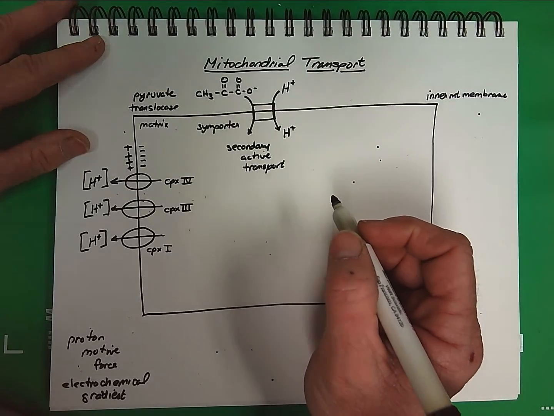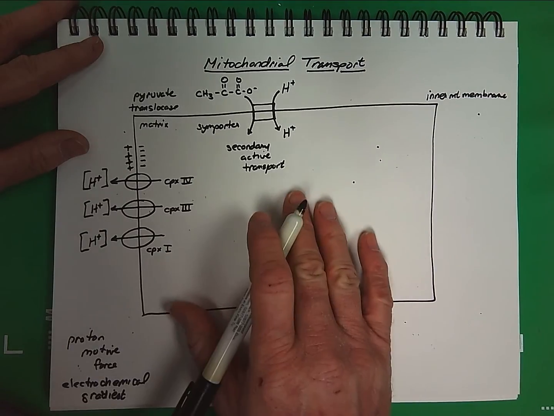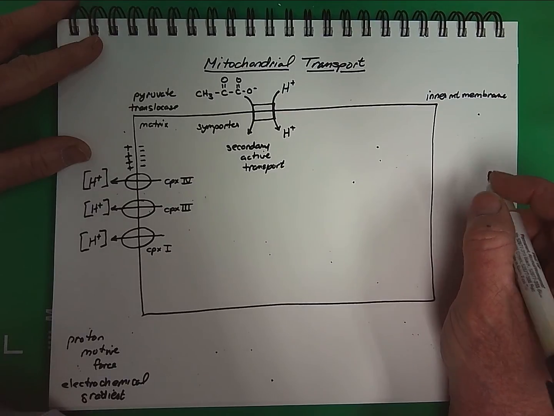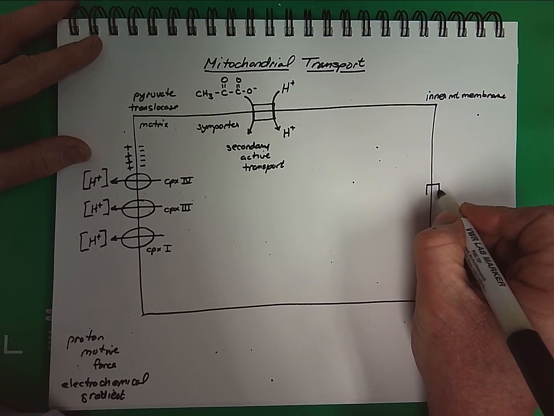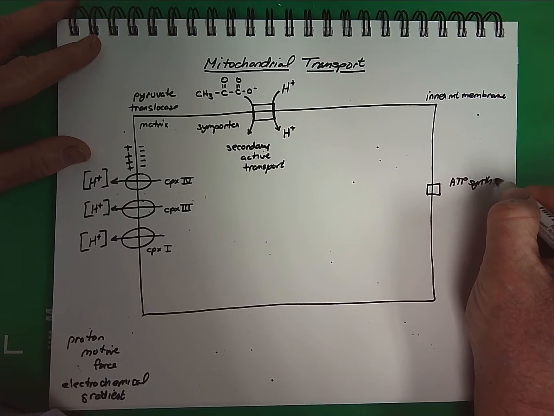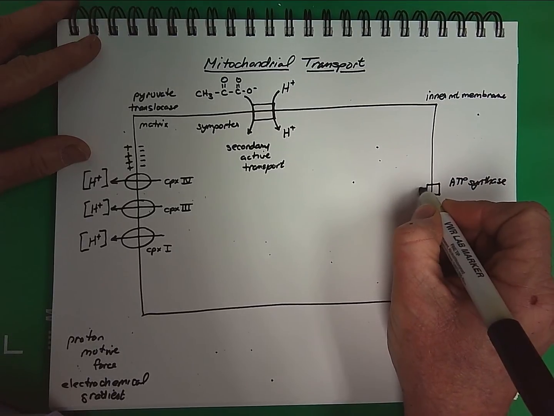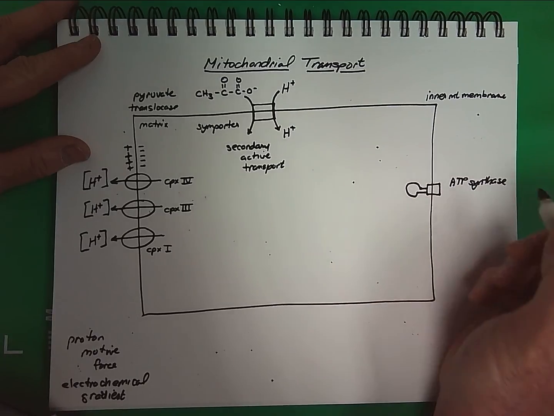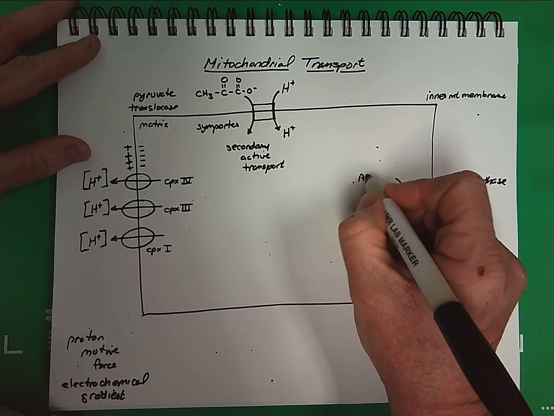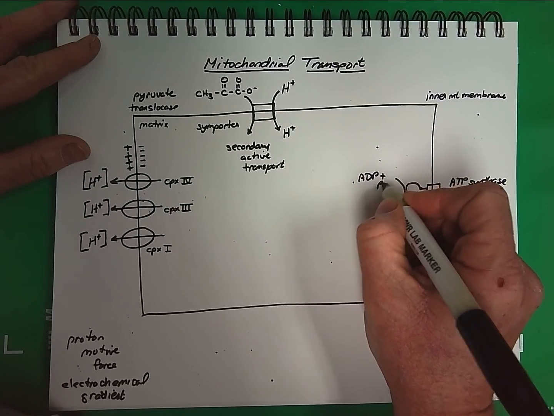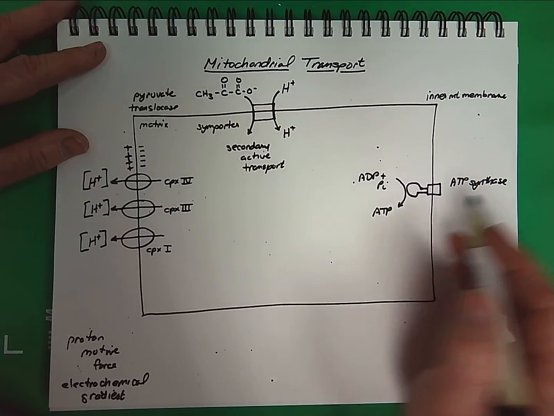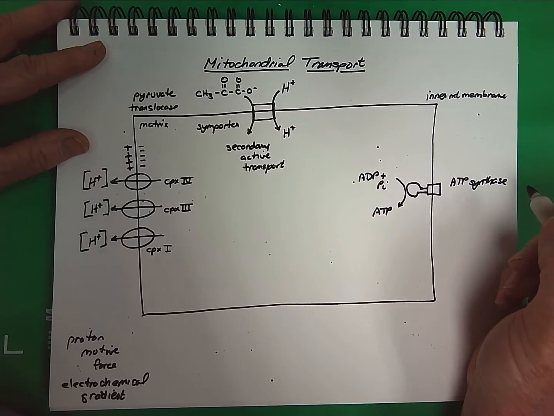Now the other molecule that we have to be able to get into the mitochondria, of course, is ADP. Because recall, we have our ATP synthase enzyme complex with our head molecular motor, and the job of this is to take ADP plus inorganic phosphate and generate ATP. So the question is where does the ADP come from?